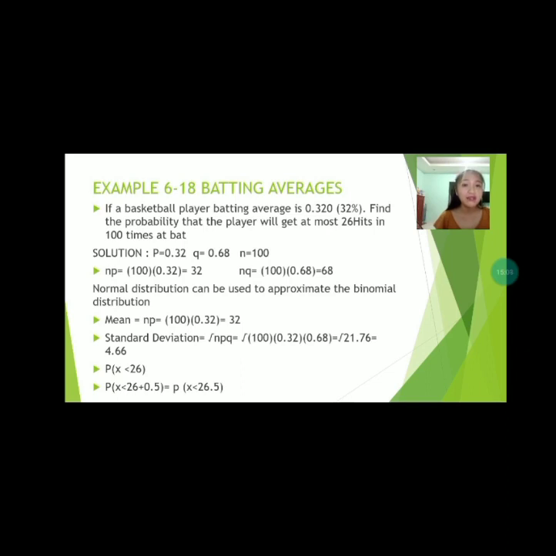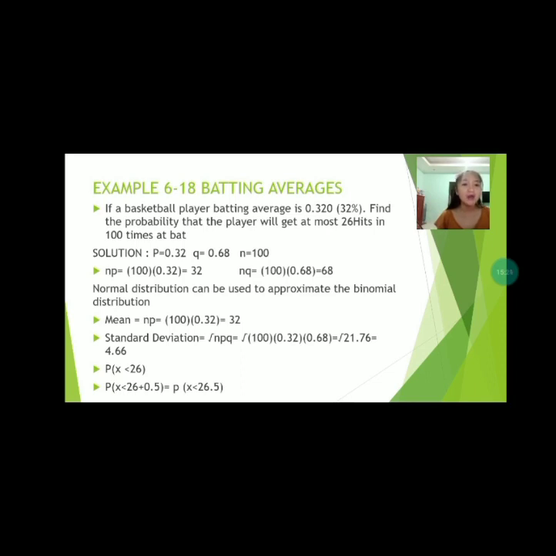N times P is 100 times 0.32, which results in 32. N times Q is 100 times 0.68, which results in 68. So the normal distribution can be used to approximate the binomial distribution.